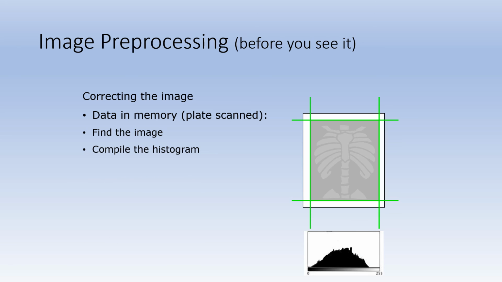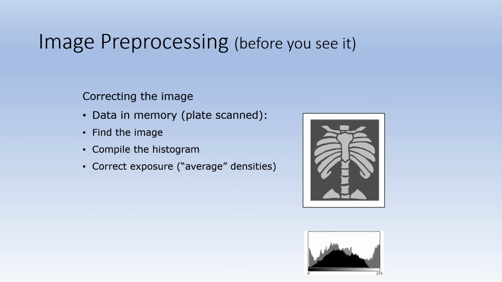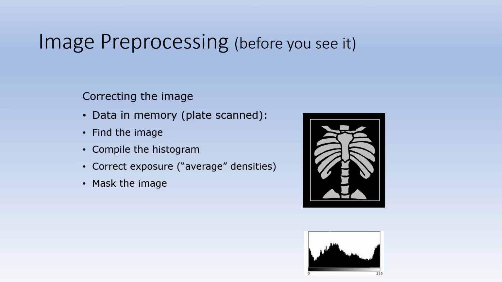The histogram for the raw image is calculated. The calculated histogram is combined with the ideal histogram and the image is redisplayed in a corrected state. Finally, the image is masked to help the radiologist view the image with less eye strain.